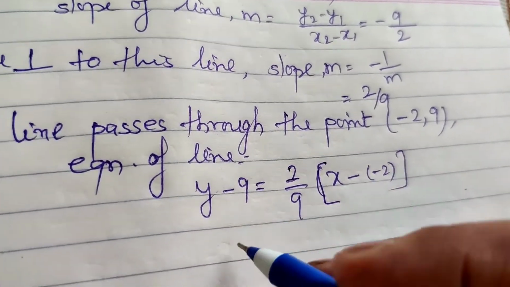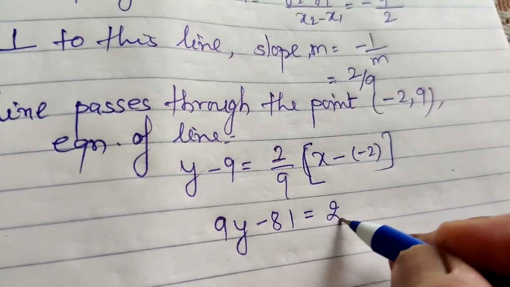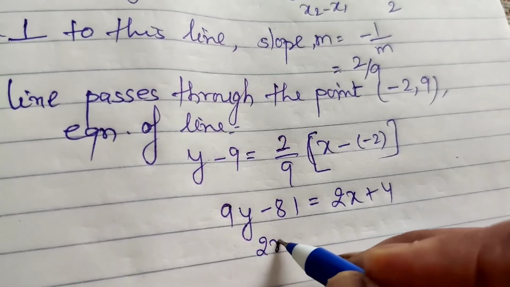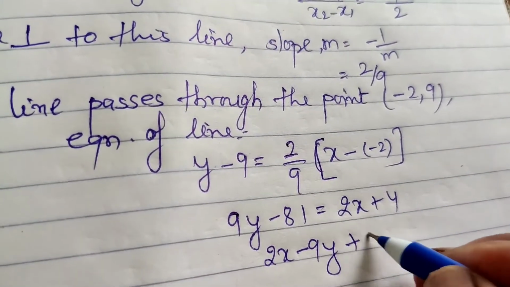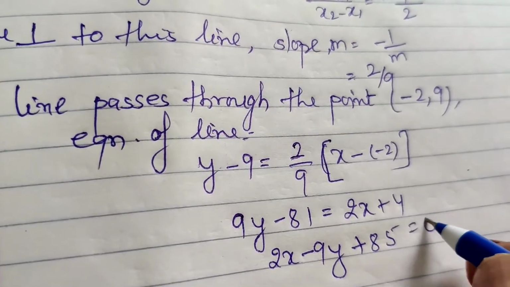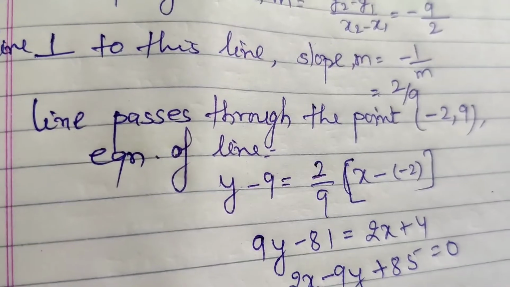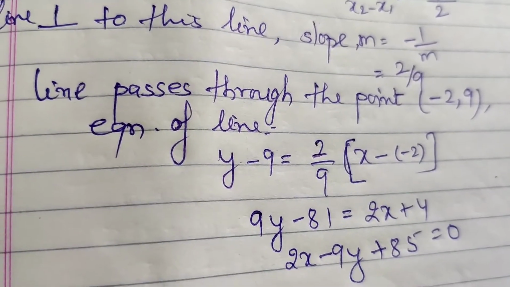Cross multiply: 9y minus 81 equal to 2x plus 4. So 2x minus 9y plus 85 equal to 0. This is the equation of the line. Okay. The equation of the line is 2x minus 9y plus 85.